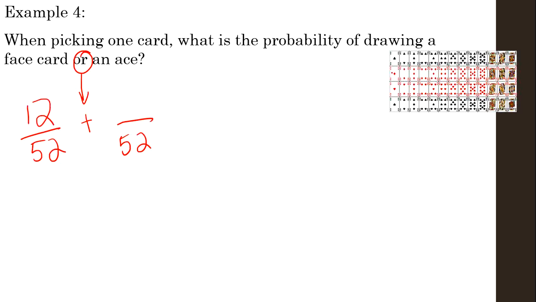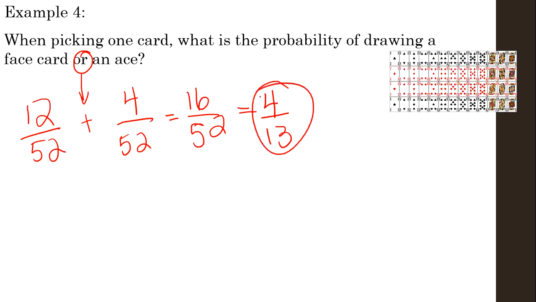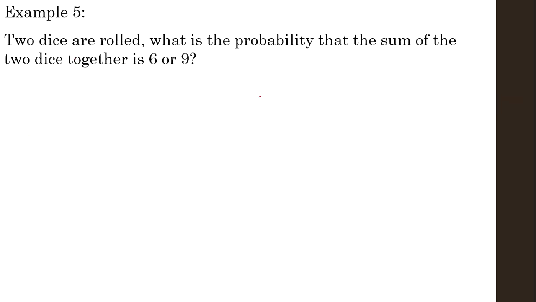And then there are 4 aces, 1 in every suit, so that's going to be plus 4 out of 52. So 12 plus 4 is 16 out of 52, and you can reduce 16 out of 52 to 4/13. So that was another example of or probability.